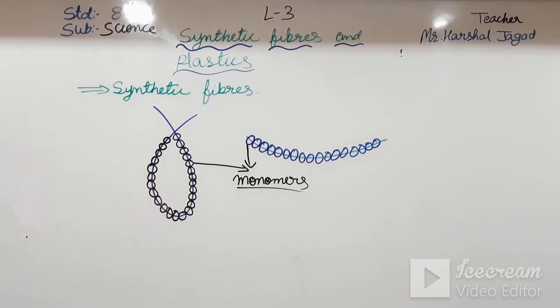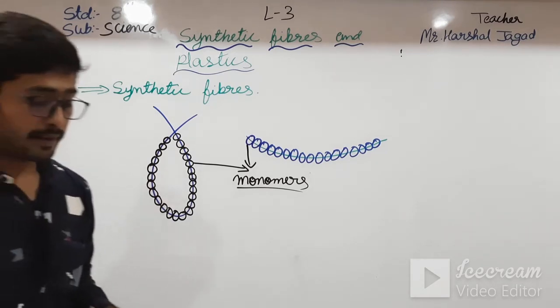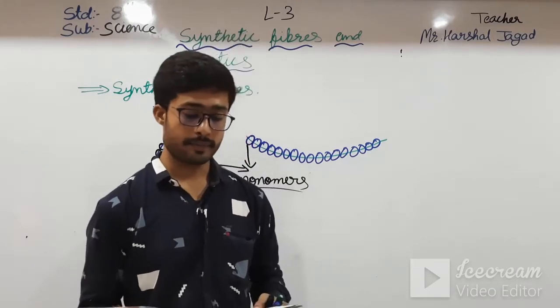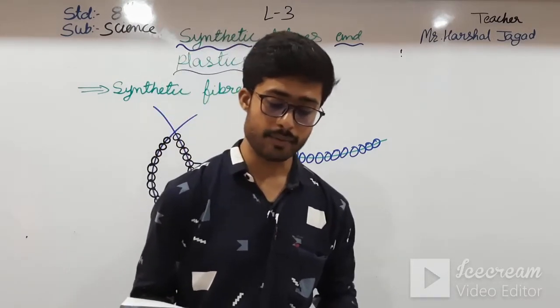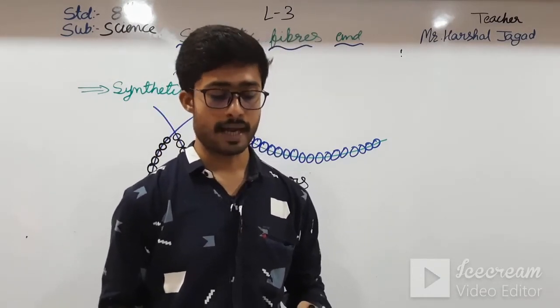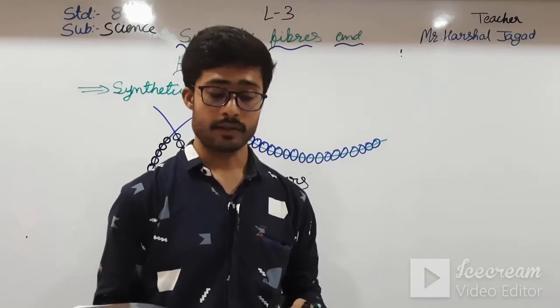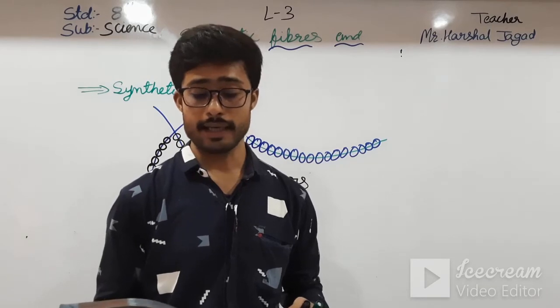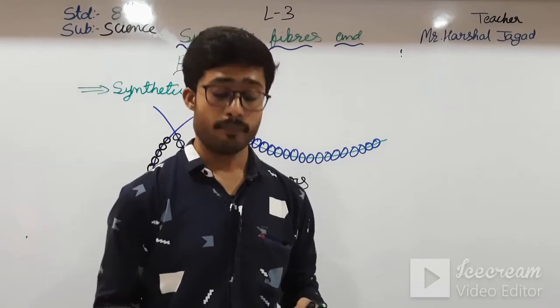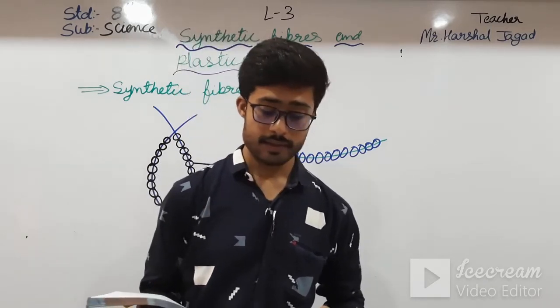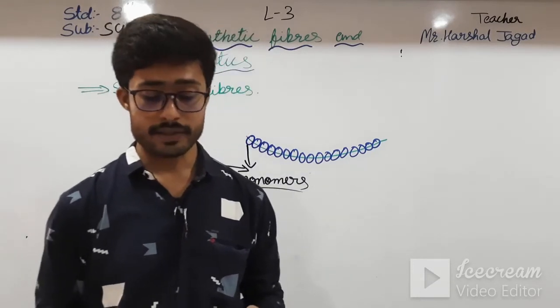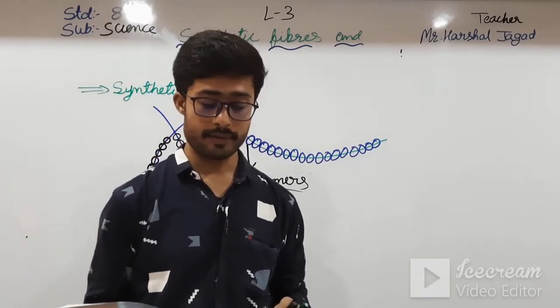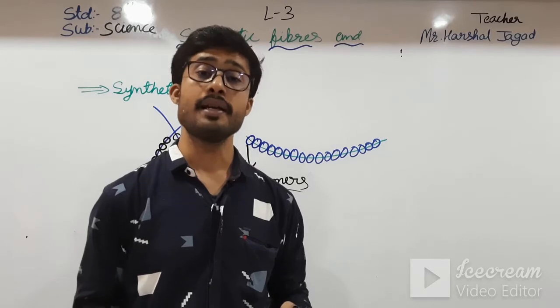See here, again reading that a synthetic fiber has a large number of similar repeating units joined together to form a long strand like beads on a string. The structure is a long strand of similar beads where each bead represents a monomer. Okay students, see here, there is a picture of the structure of a synthetic fiber resembling beads on a string.